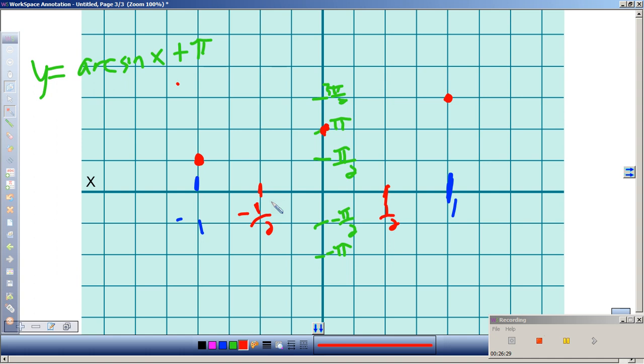Oh, it is quadrant 3, but also quadrant 4. So what is the one in quadrant 4? Negative 1/2, right there. It's on 5 or 6, but what would be the one within our range, or domain we want? Negative pi 6. So, negative pi 6 plus pi would be?